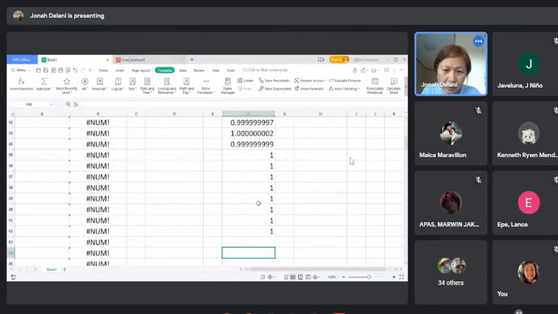Now notice, there will come a time that the value would tend to a limit. The value is 1, substitute it, 1 again, substitute it, 1 again.